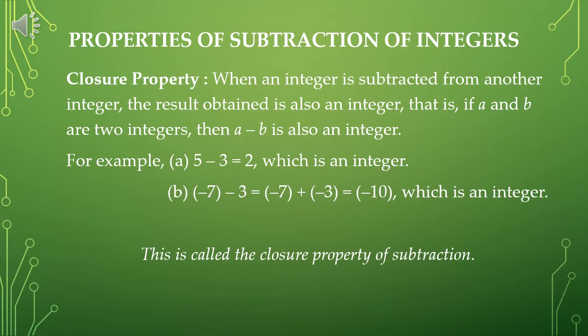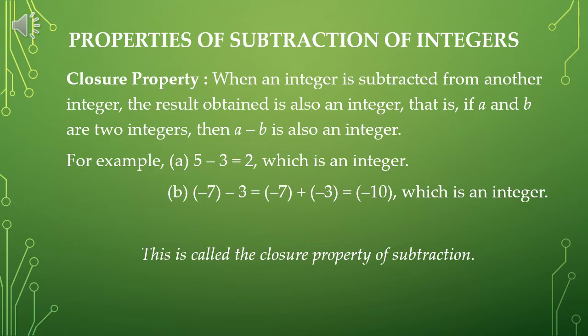For example, let us discuss the first example. If you have plus 5 and plus 3, and you subtract the two integers, then the answer will be plus 2, and plus 2 is also an integer. Similarly, in the second example, minus 7 and plus 3, you have to subtract these two integers.